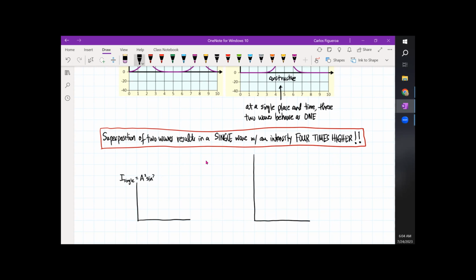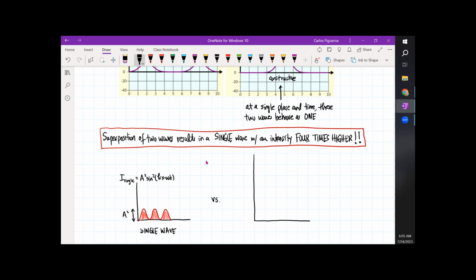And it should be sine of kx minus this guy right here. So if I look at this guy, my intensity looks something like this. It's going to oscillate up and down because it's sine squared. And what you're seeing here, again, is for a single wave. And we could see that these are the intensities right here. And the key thing here is that this guy is just a squared, maximum height.